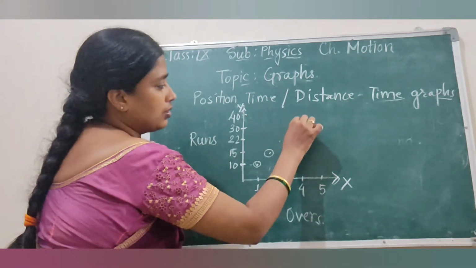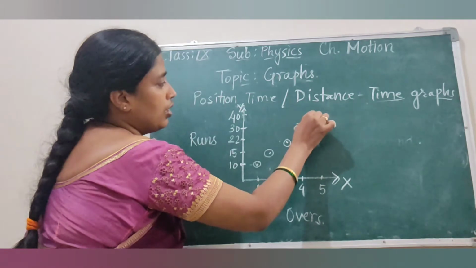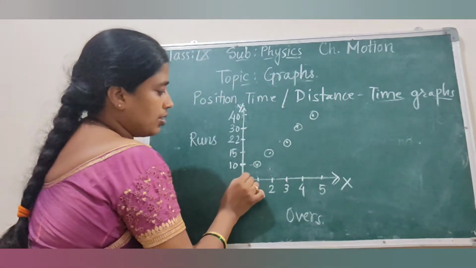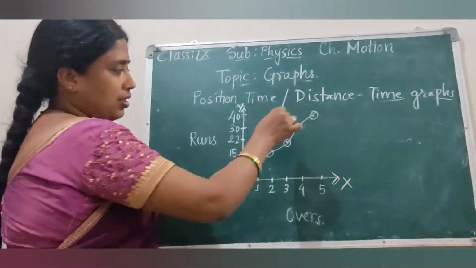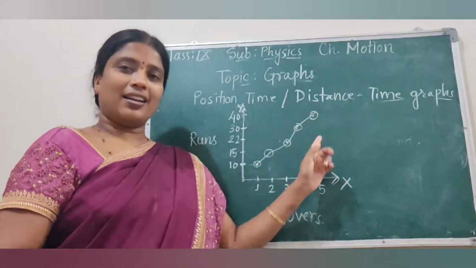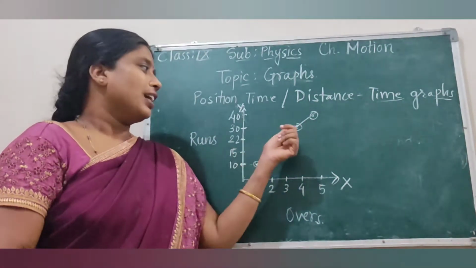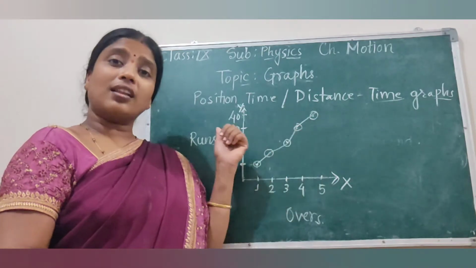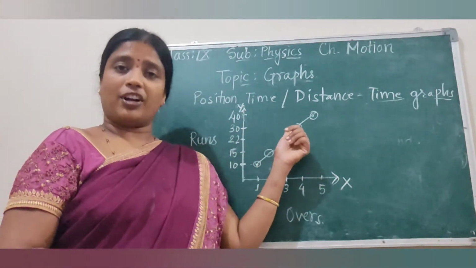Then after the 4th over it is about 30, then 40. When you join this line, you can see the graph, this line which is changing the curve or position. This line represents the total runs scored by the team in different overs.